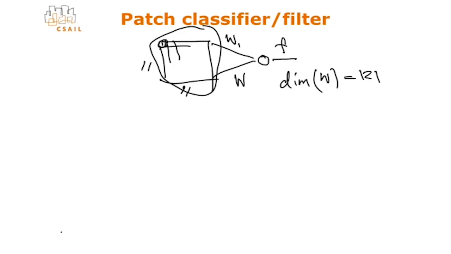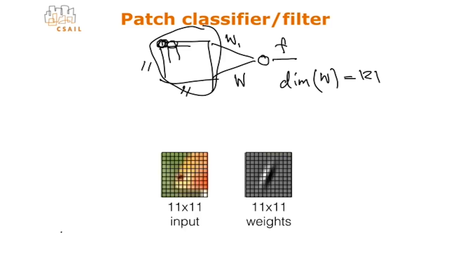So let's cast this unit slightly differently. Now we know that we have a weight corresponding to each pixel in the image. So in that sense, the weights can also be arranged as a matrix of the same size as the input image. So weights can also be turned into 11 by 11 grids. Here I have particular chosen weights.